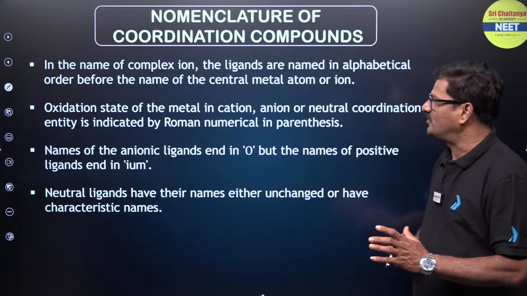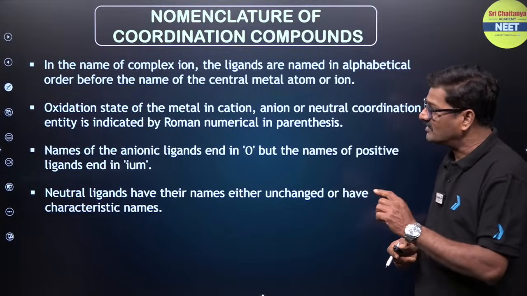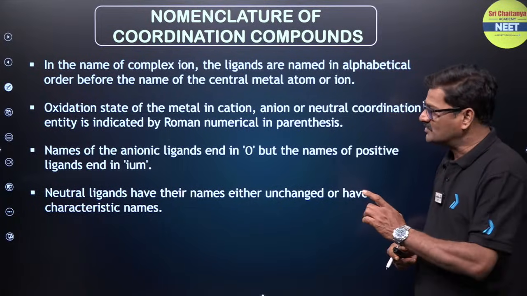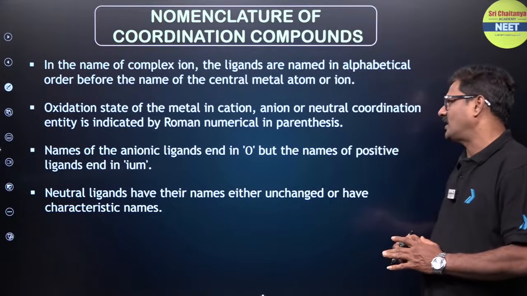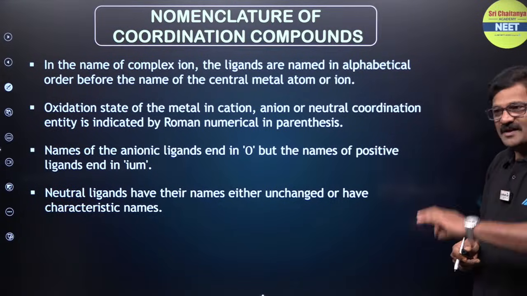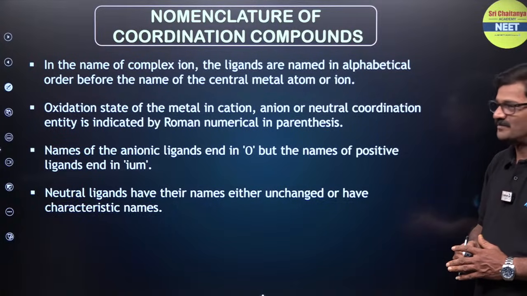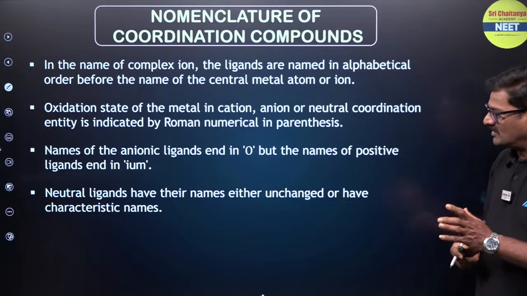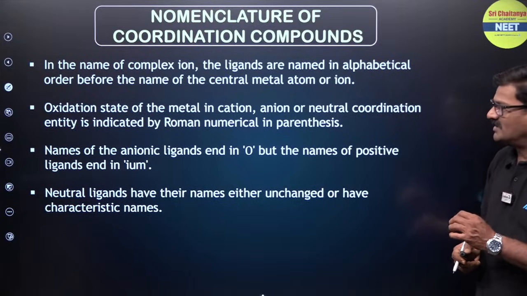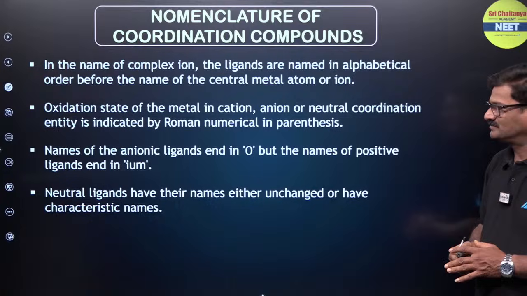The ligands are named in alphabetical order before the name of the central atom. The oxidation state of the metal, whether in a cation, anion or neutral coordination entity, should be given in Roman numerals kept in parentheses. The names of anionic ligands end with O, but the names of positive ligands end with IUM.